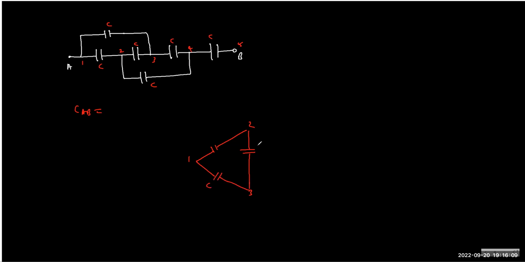From 2 to 4 we have one direct, and 3 to 4, and then 4 to 5. So this is the equivalent of this circuit. And do you see the Wheatstone now?